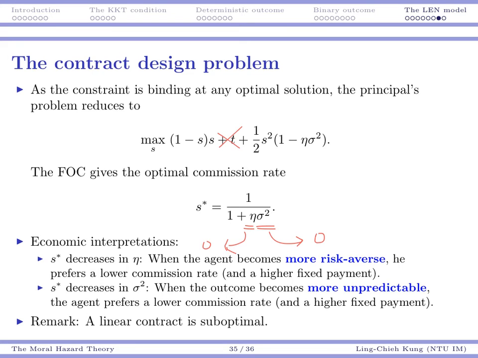Okay, that's possible, but that's beyond the scope of this course and beyond most of the scope of the analysis, because it's in general intractable. Okay, so that's why the LEM model is still useful even though it is suboptimal, but it's tractable and linear contract is widely accepted in practice.